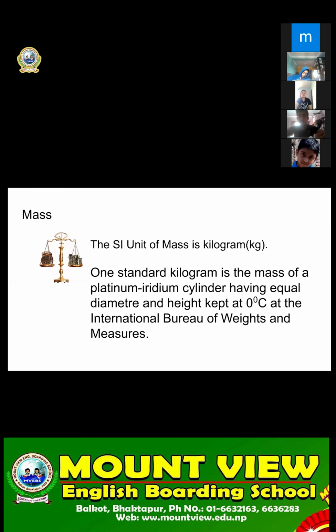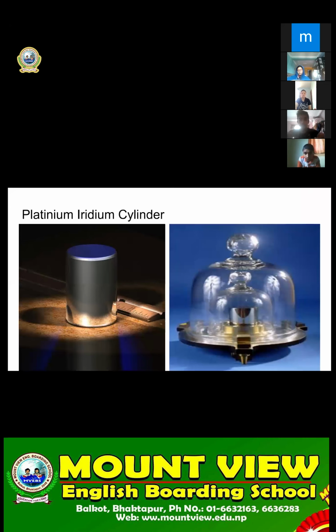Let me show you the picture of the cylinder. You can see on your screen the cylinder that is enclosed inside that jar. The same cylinder at the left is shown, which is open. And how big is the cylinder? It is just 39 millimeter. Height is 39 mm, and its diameter is also 39 mm.